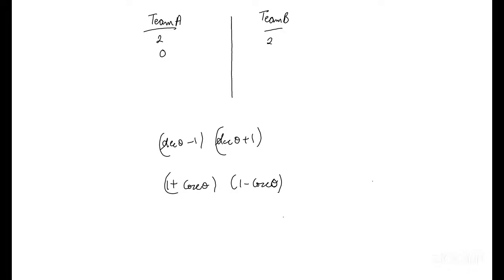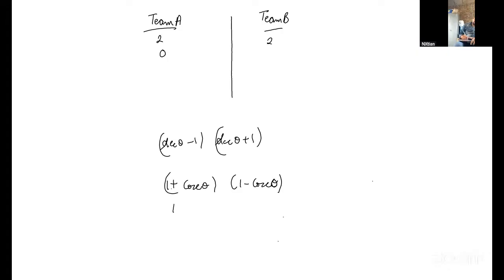No. Okay, then I'll tell. It's basically minus cot square theta. Yes, minus cot square theta. How? See, 1 minus cosec theta, 1 plus cosec theta becomes 1 square minus cosec square theta.